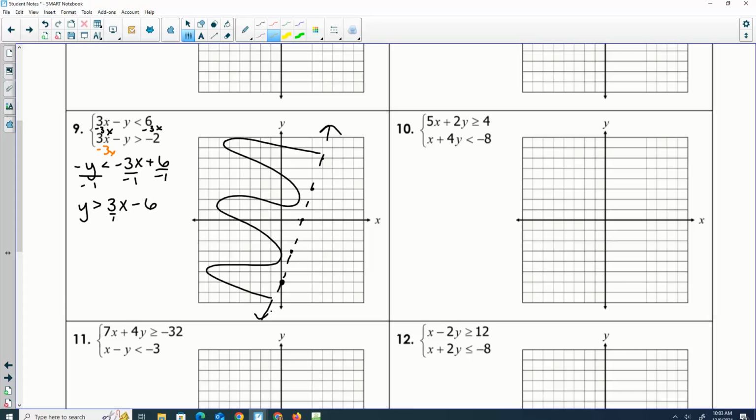Second line, I subtract my 3x. I have negative y is greater than negative 3x minus 2. Divide by negative 1. So y is less than 3x plus 2. Start at 2, slope of 3, so up 3 over 1.